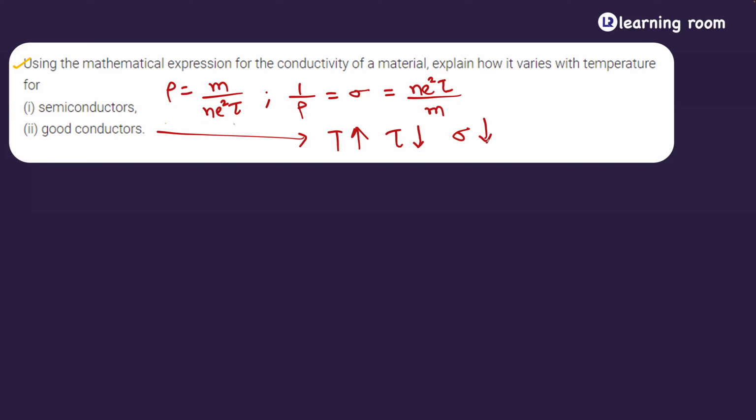Whereas for semiconductors, I cannot explain in depth. Basically, when you write that expression, the alpha value will be negative. When alpha value is negative, with the increase in temperature, resistivity will decrease. Is that point clear?